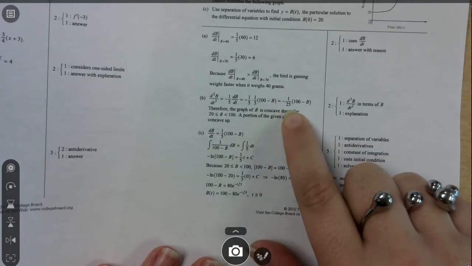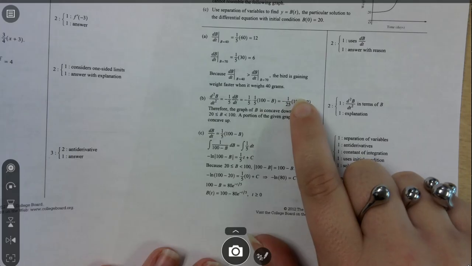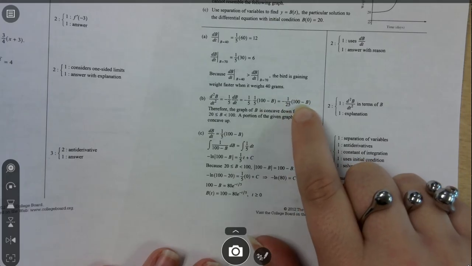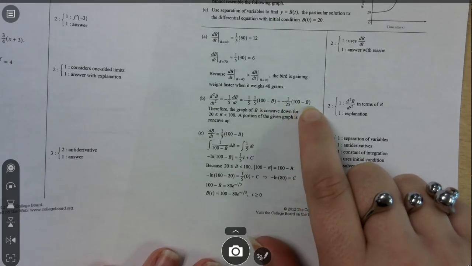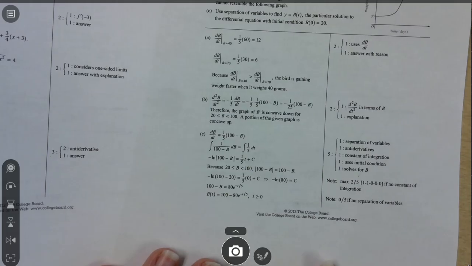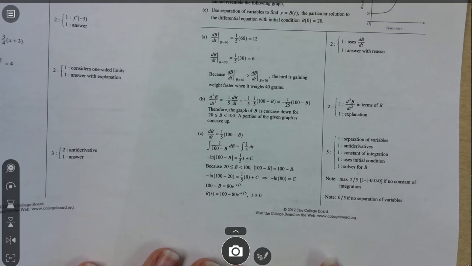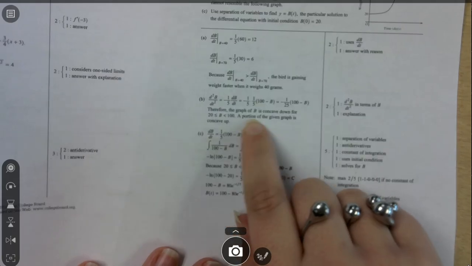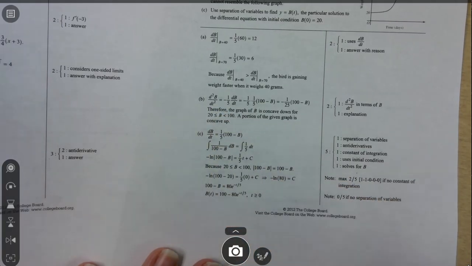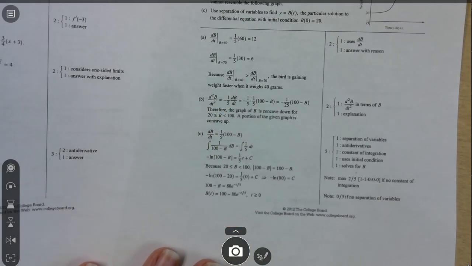We should have gotten this as our statement, negative 1 over 25 times 100 minus big B. Therefore, the graph of B is concave down from 20 to B and B to 100. So 20, that's our bounds. A portion of the given graph is concave up. That should be our explanation.